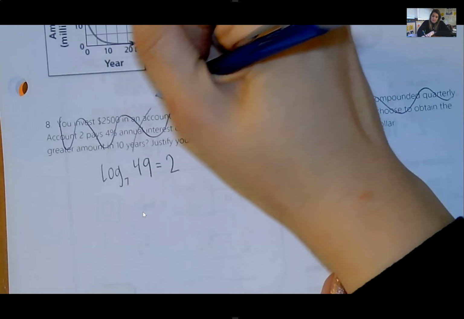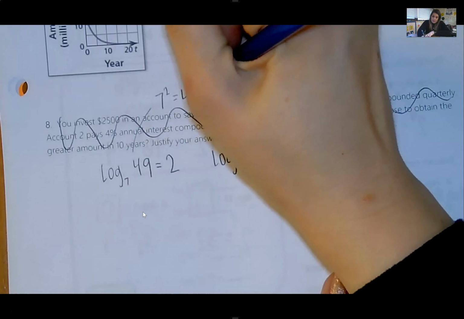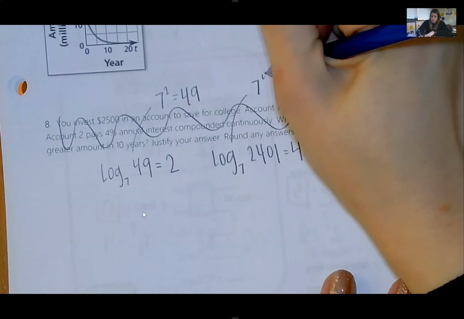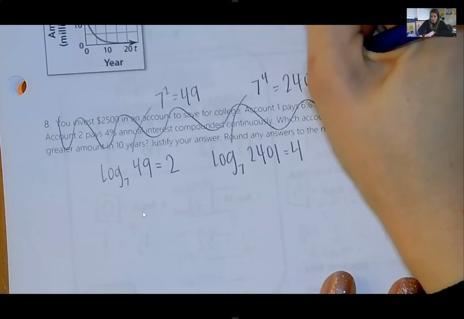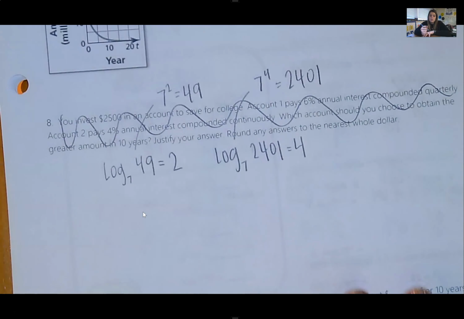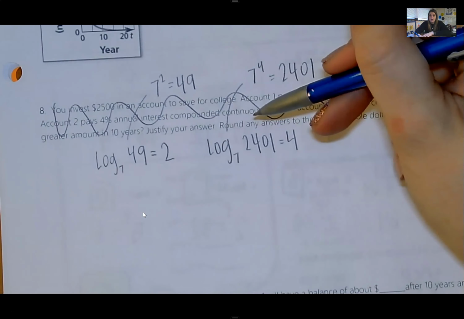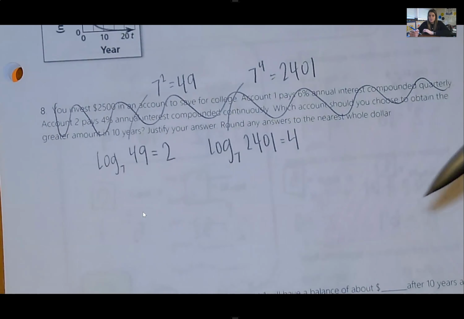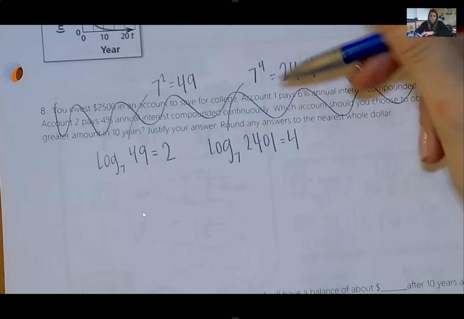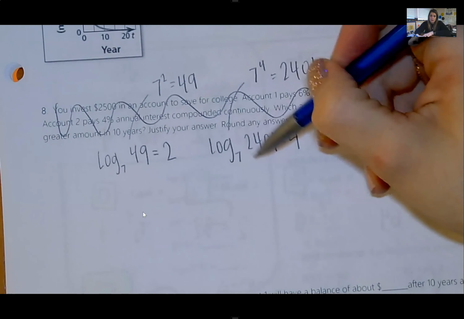In other words, 7 squared is 49, and 7 to the 4th is 2401. What you're doing today that is new is you're going to do these same kind of problems, but you're going to be adding or subtracting as well as figuring out what exponent you need.